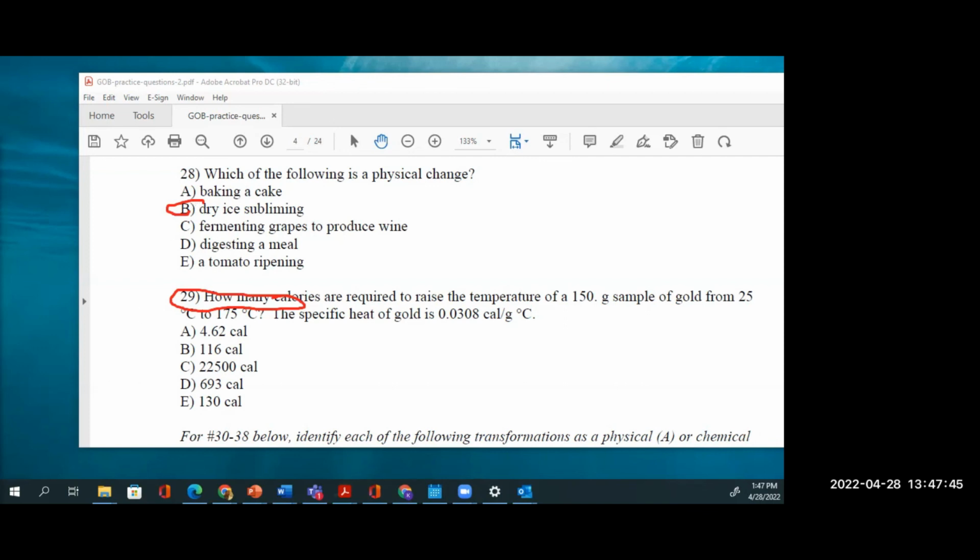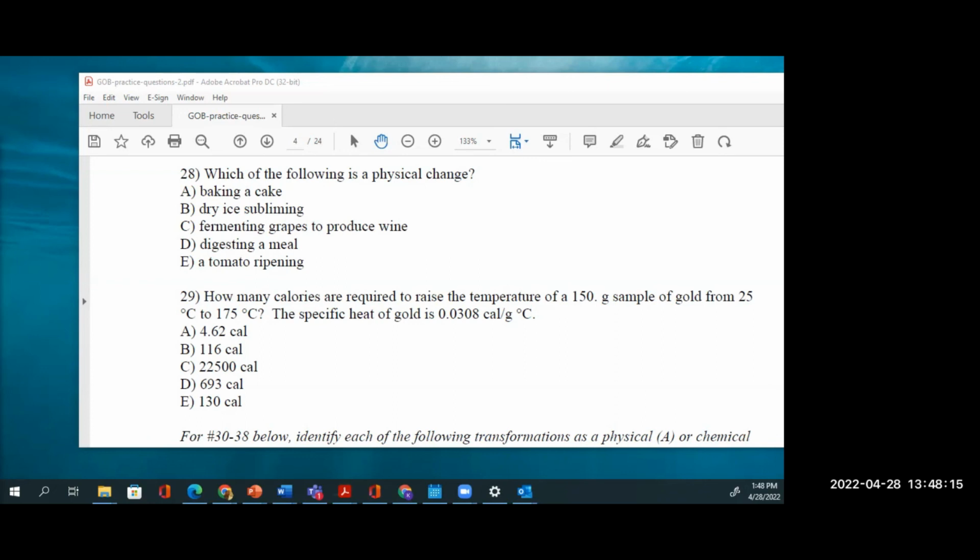Okay. 29. How many calories are required to raise the temperature of a 150-gram sample of gold from 25 degrees Celsius to 75 degrees Celsius? The specific heat of gold is 0.0308 calories per gram Celsius.